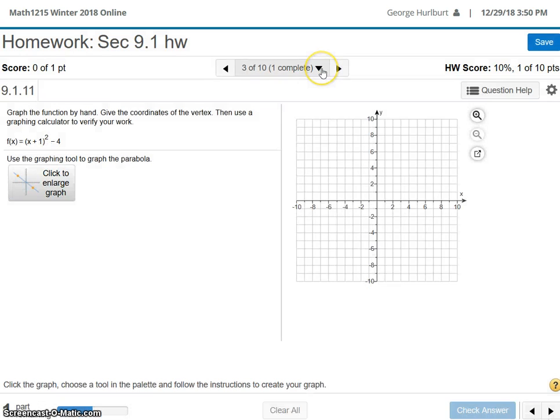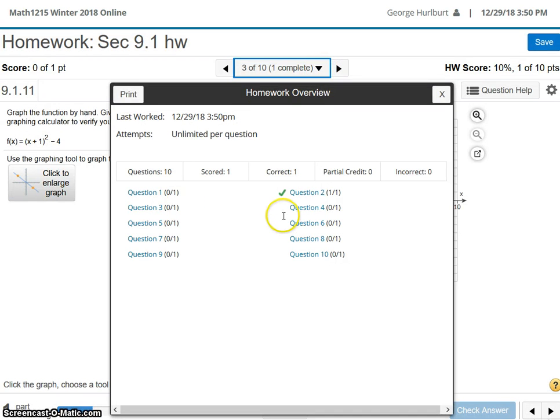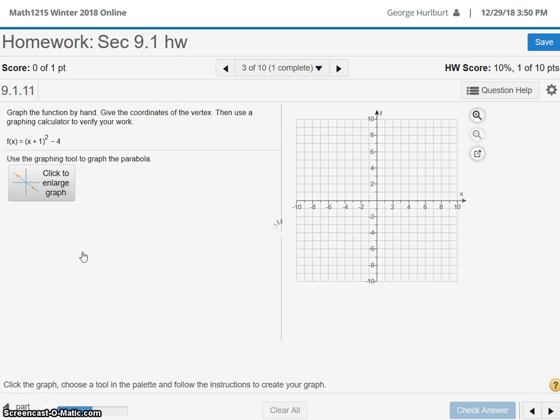All right, so I'm going to jump ahead here because you had issues with number 7, as I recall. Graph the function by hand. To graph it, I would notice that the vertex is shifted left 5 and then up 8.